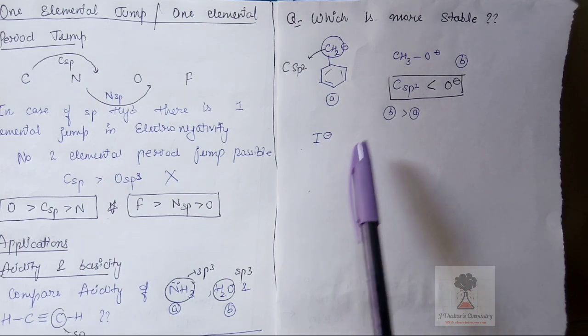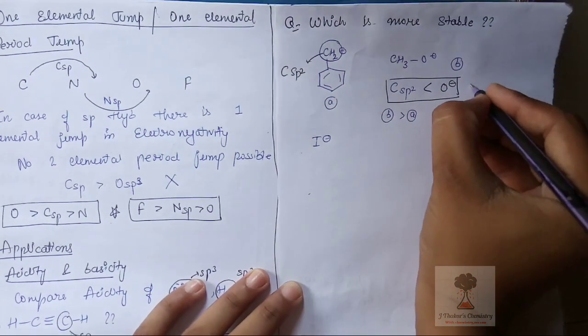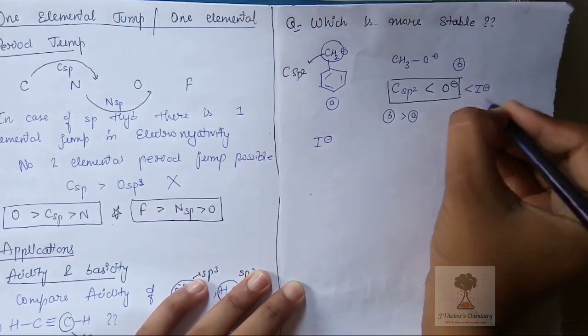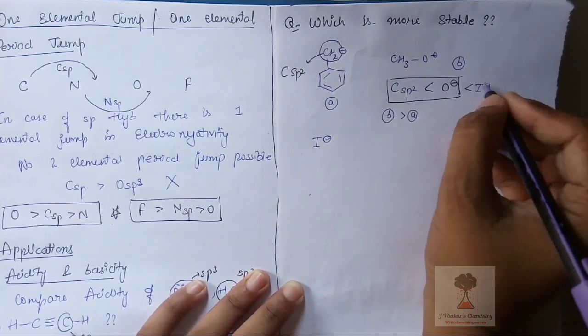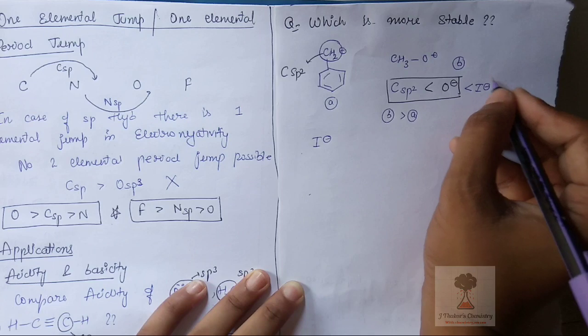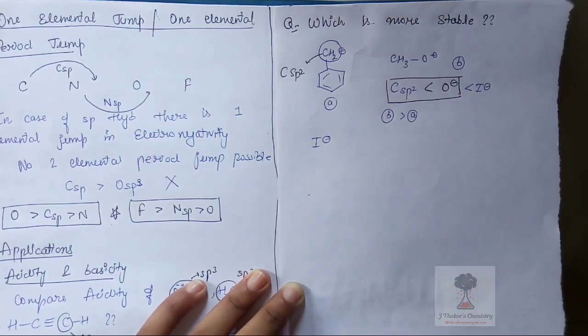So the stability order is like this. Because iodine has a large size, it can stabilize or disperse the negative charge, and so it is more stable than oxygen and carbon.